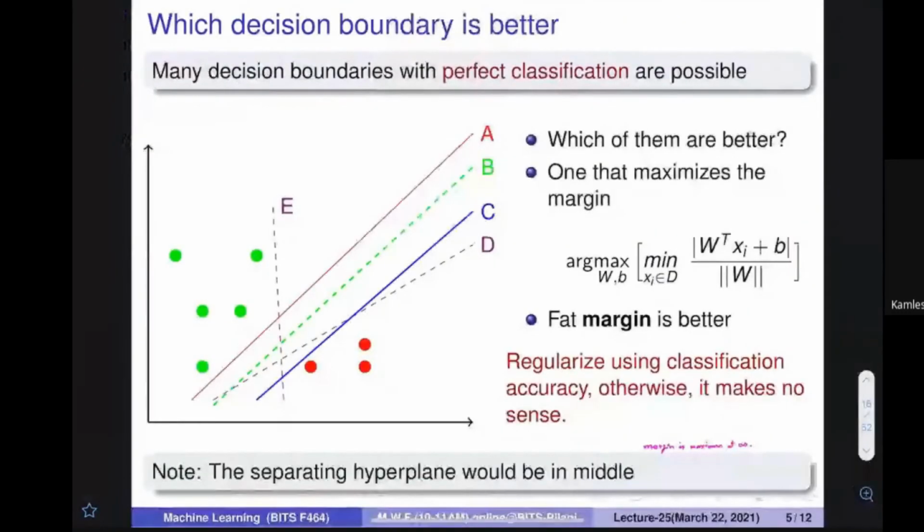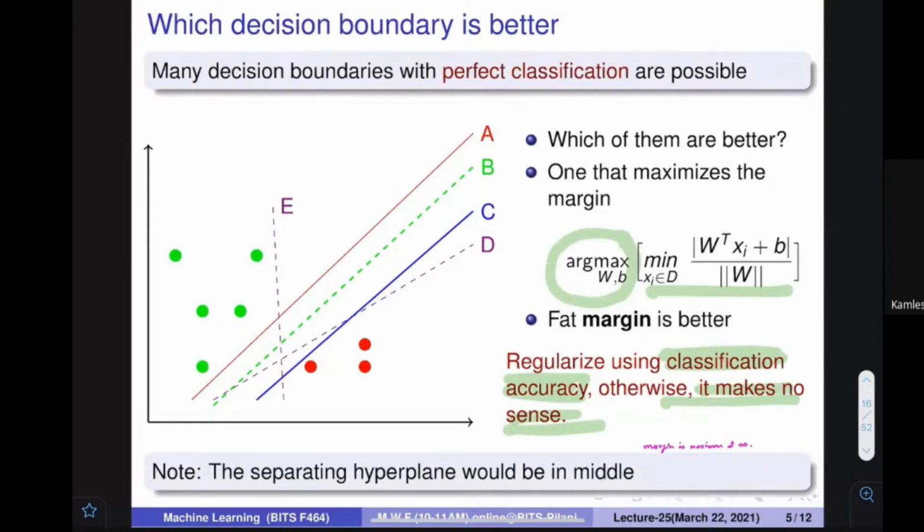If we are not talking about classification accuracy, it makes no sense. We want to find a parameter that maximizes this margin, but at the same time my accuracy should be higher.